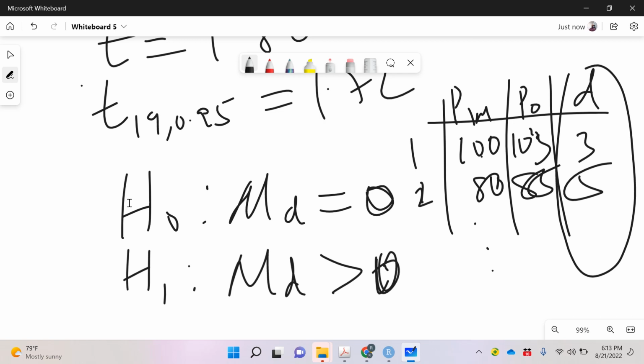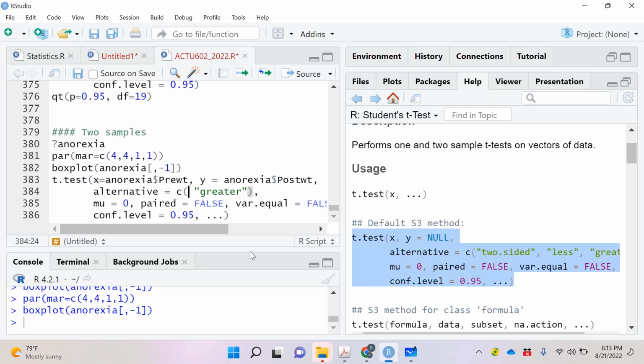So we will say mu d is equal to 2, and the alternative will be that it should be greater than 2. So in that case we have to replace 0 with 2. Is that okay? So that's how you can change some of these things.